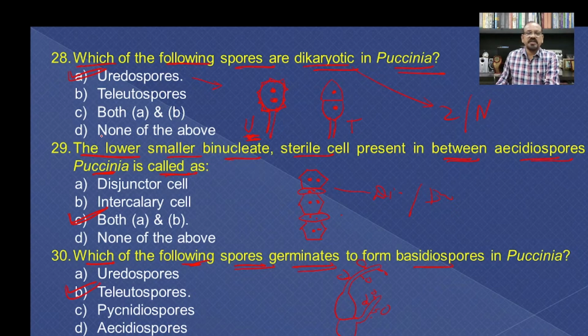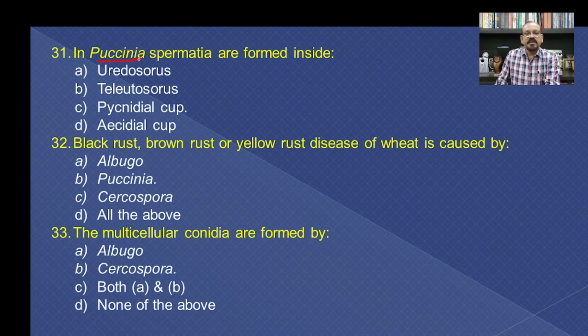In Puccinia, spermatia are formed inside what? If you see the structure of the pycnidial cup, there are many hyphae, and there is development of receptive hyphae and many spermatia are formed.